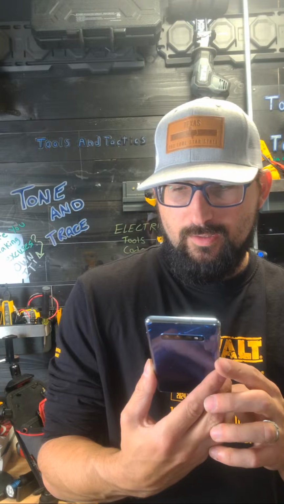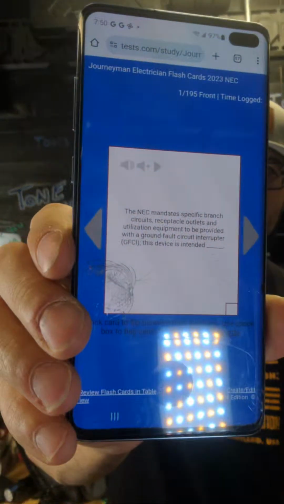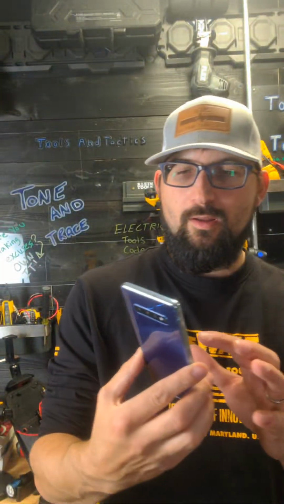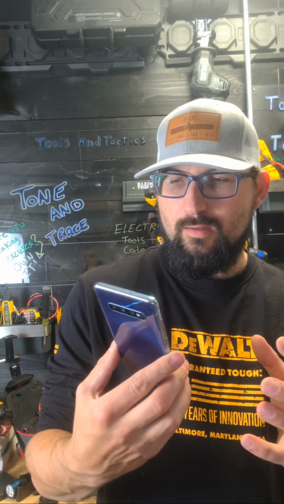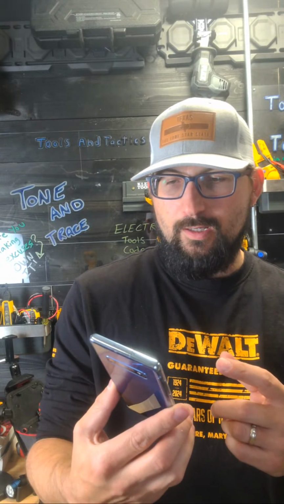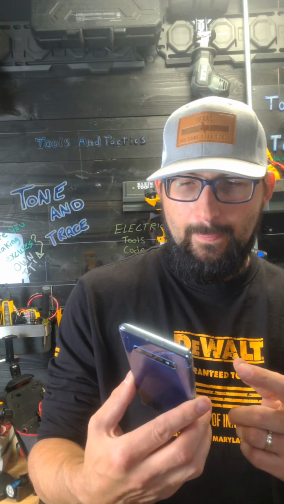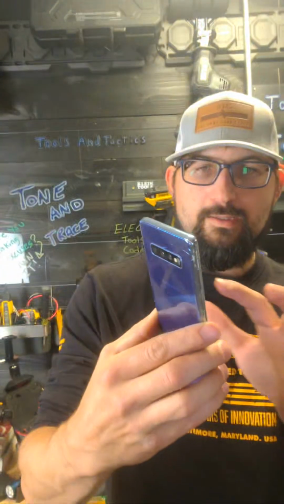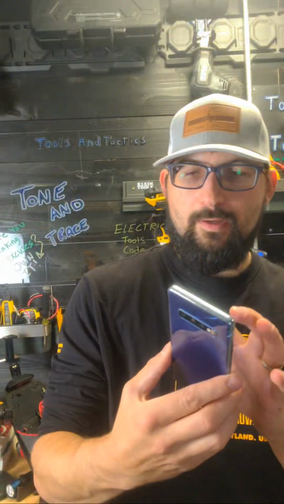This device is intended to be readily accessible. I don't know. That's an open-ended question. We don't like that one. I'm gonna guess to be located outside or to be readily accessible. We're gonna go for readily accessible. For the protection of personnel. Okay, bad question.